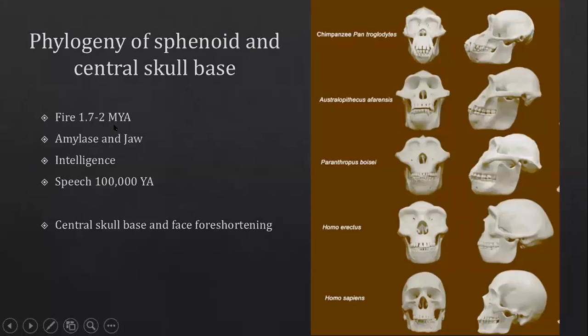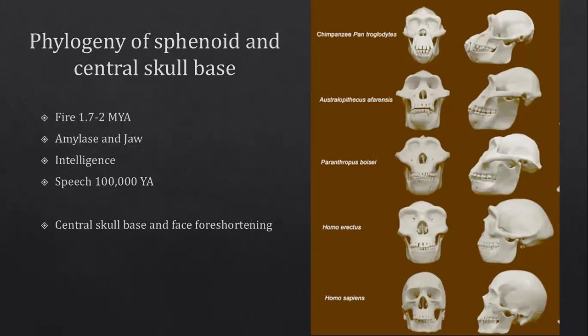So I've put some timelines in there, and one of the most important timelines is the capturing of fire by the Homo sapiens. So by capturing, as in we have learned to master the fire, and that was a very important landmark in our evolution, because that enabled us to cook food.